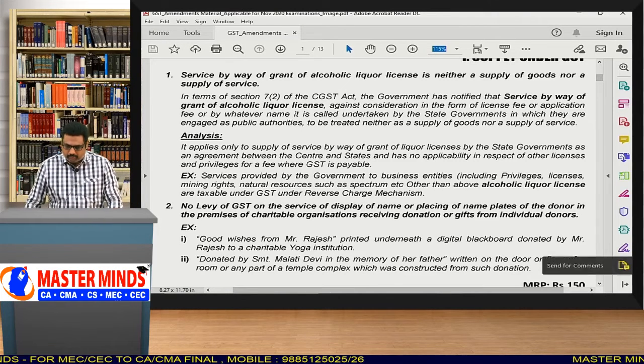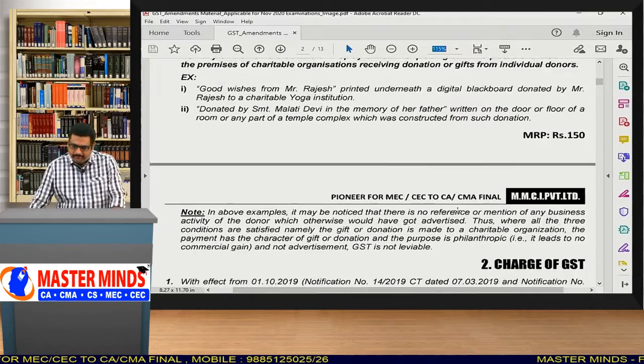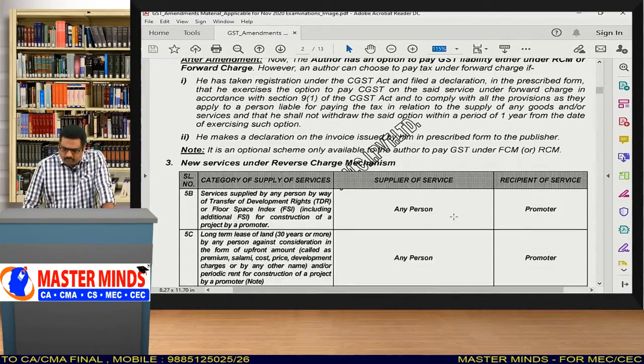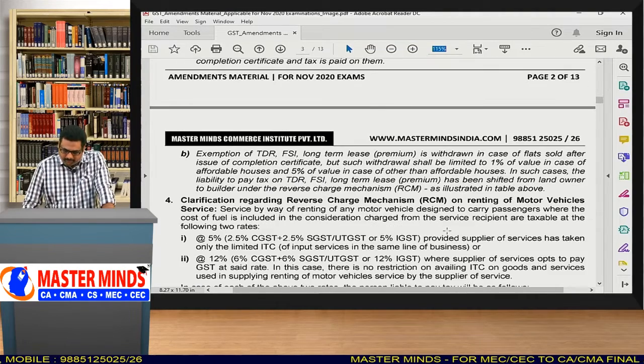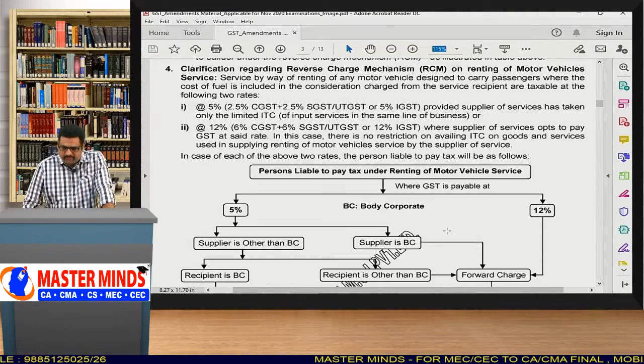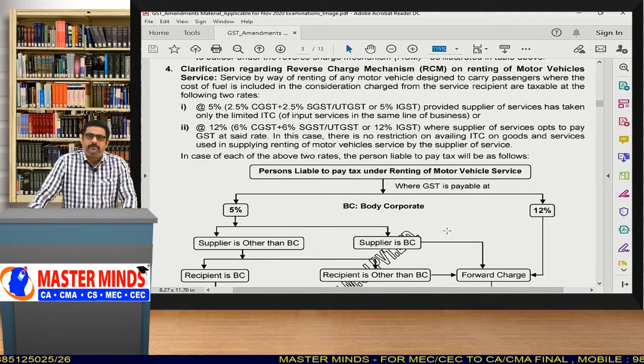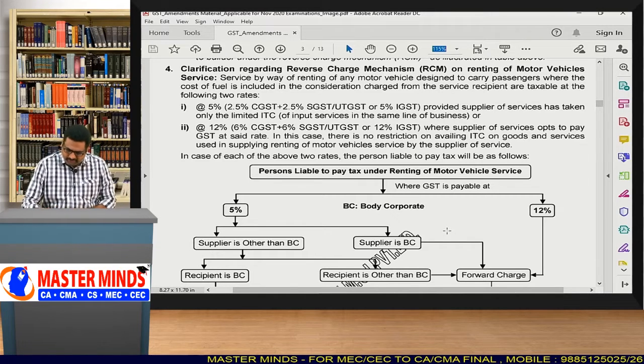Now I am moving to the November 20 amendments. With respect to November 2020, there is one amendment in chapter number 3, charge of GST, that is with respect to RCM. Now I am going to discuss this particular amendment.